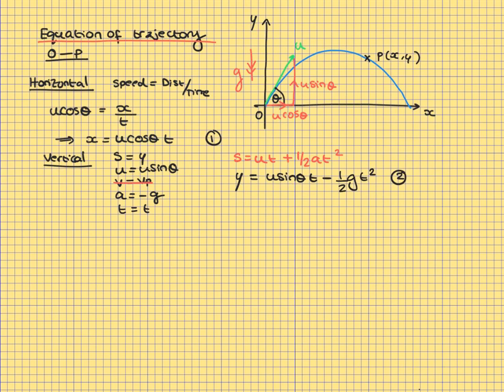So let's go back to equation 1 first of all, and let's rearrange this. So t is equal to x over u cos theta, and substitute this into equation 2. So this then tells me that y equals u sine theta, and in place of t here and here, we're of course going to substitute in x over u cos theta.